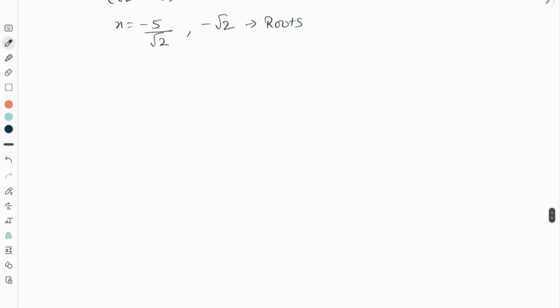We can try the fourth part. In the fourth part we have 2x² − x + 1/8 = 0. To start with this question, we can multiply the whole equation by 8.